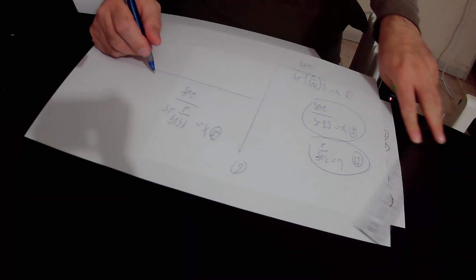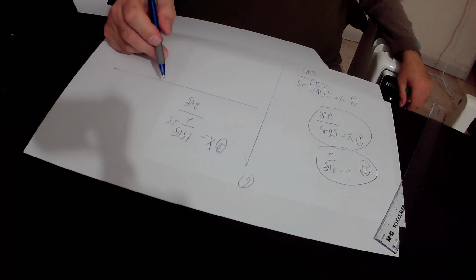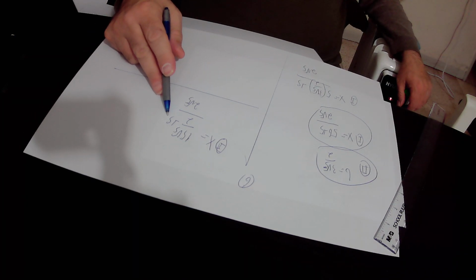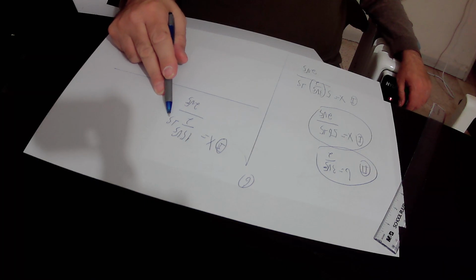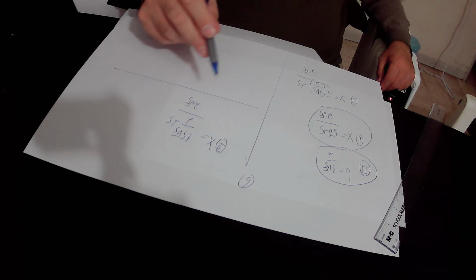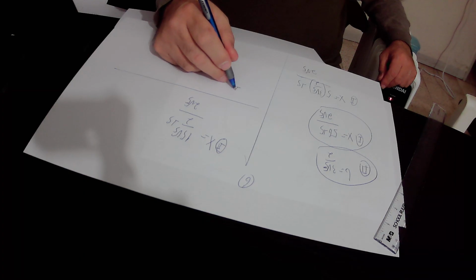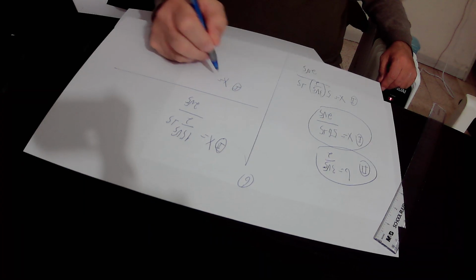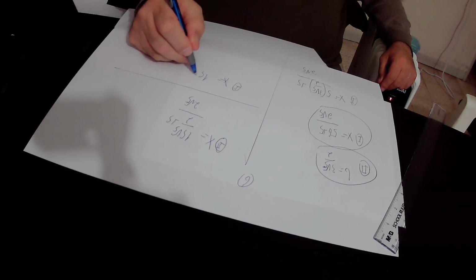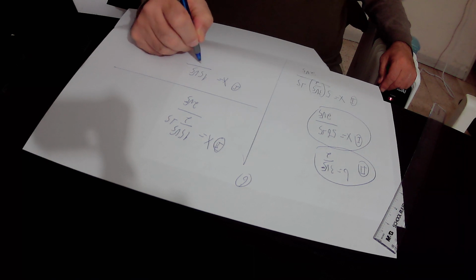Here we will multiply 5 by 2 and then divide it by 2 in order to have a common factor with this expression. And we get that according to equation number 1, x equals 15 times square root of 5 over 2.